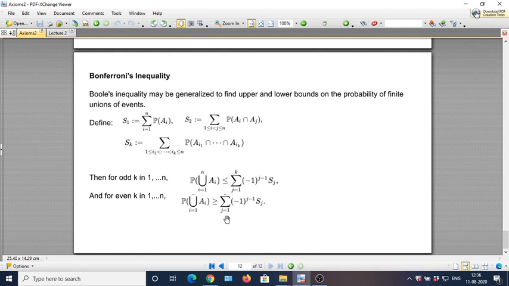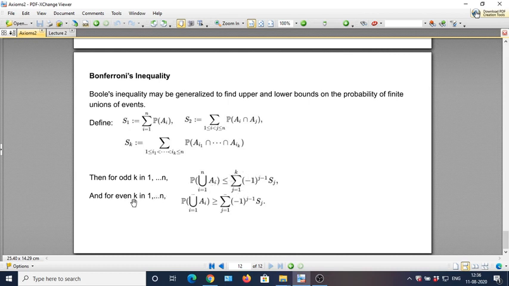So what we show here is that the sum S1 plus S2 all the way to Sn will be equal to this quantity, but if we truncate it at any given k, then for odd k, this value will be more than the actual value.